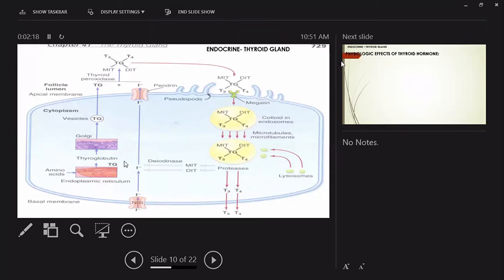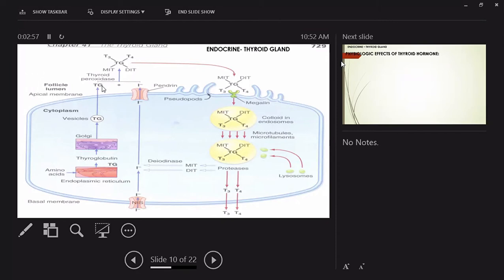This is the illustration. From the basal membrane, iodine is being transported inside. Then thyroglobulin is formed from the endoplasmic reticulum, from the amino acids. And then this is processed in the Golgi apparatus, formed into vesicles, and released into the colloidal portion.